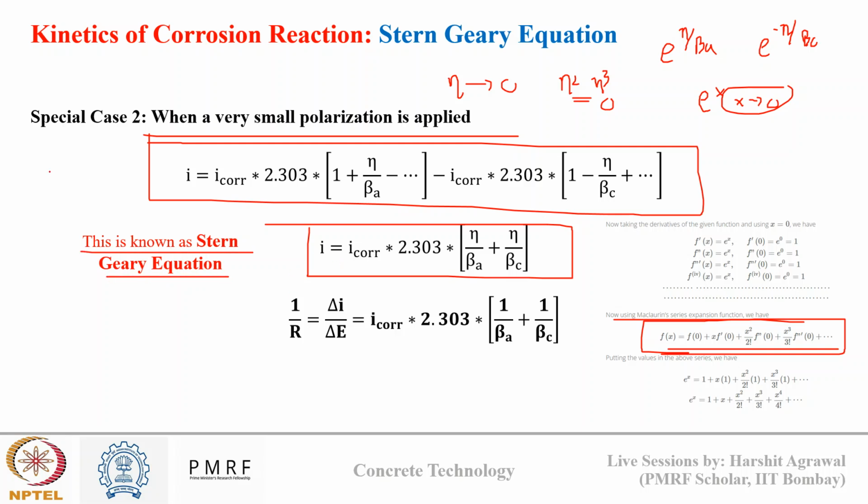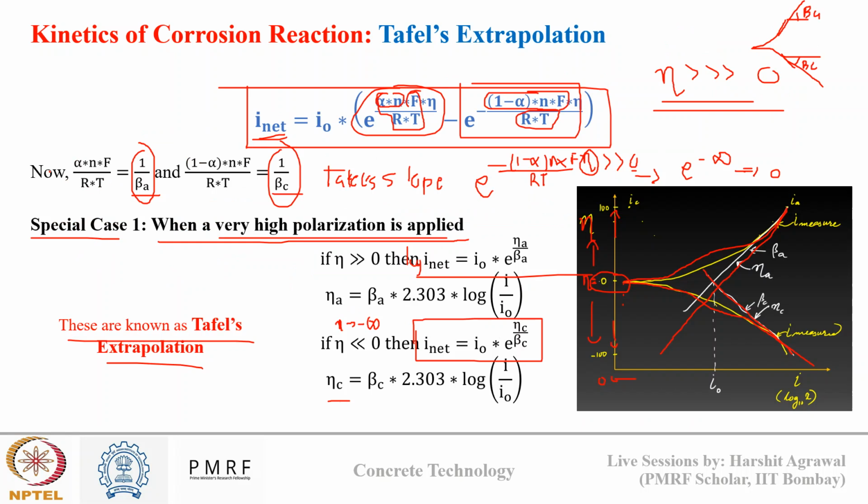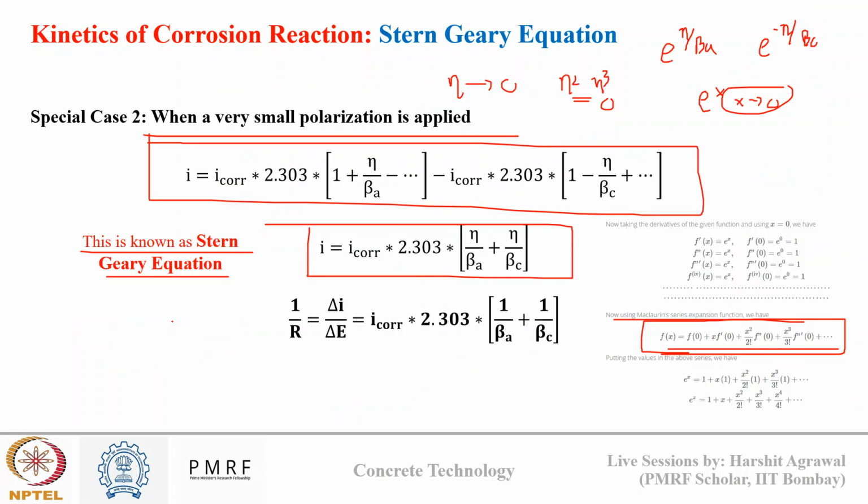So when we apply a very small polarization potential, from the Butler-Volmer equation we get the Stern-Geary equation, and when we apply a very high polarization potential, from the Butler-Volmer equation we get the Tafel extrapolation. If we know the value of I, and we know that we have applied a very small eta, then we can use Ohm's law to calculate the resistance also.